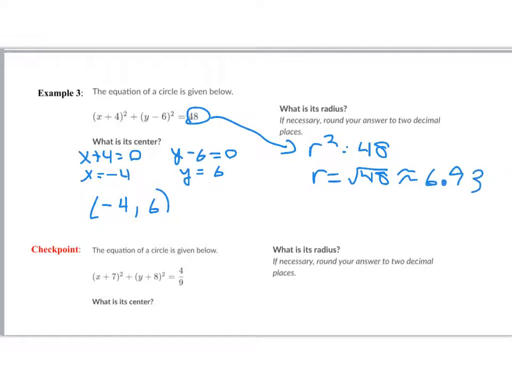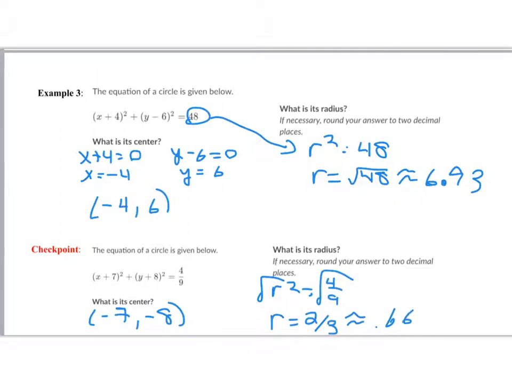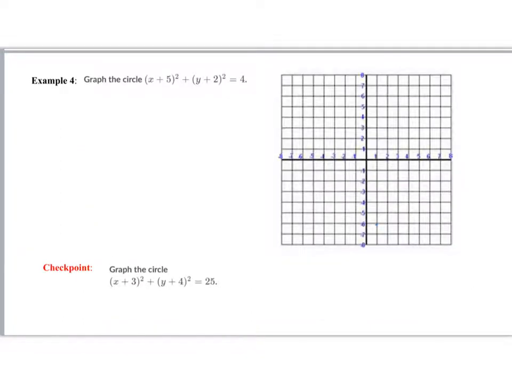Go ahead and pause, try the next one, and come back when you think you're ready. And here's the answer, which is approximately 0.66. Let's move on to the next one. And this next one, it says for us to go ahead and graph this circle.